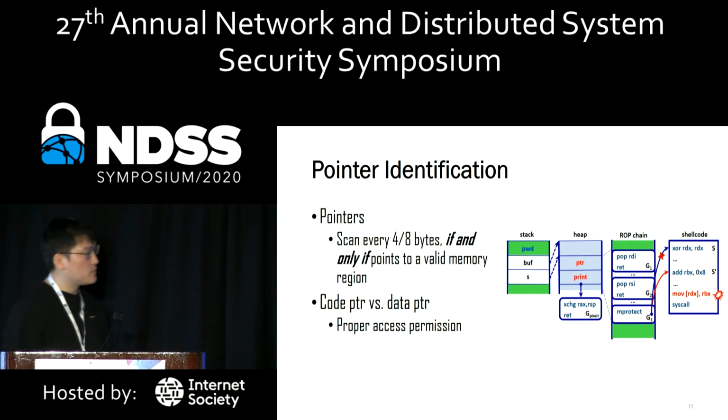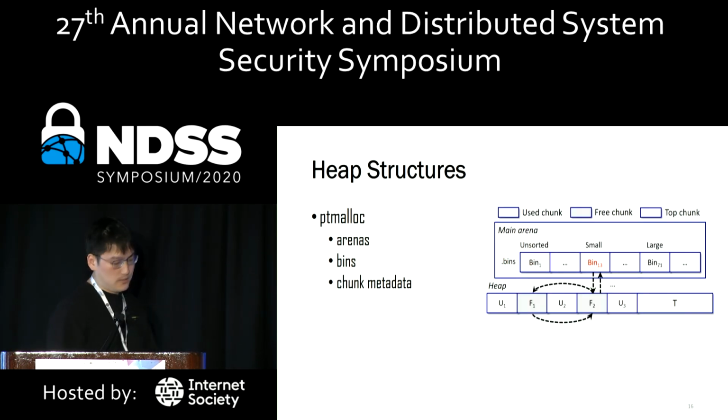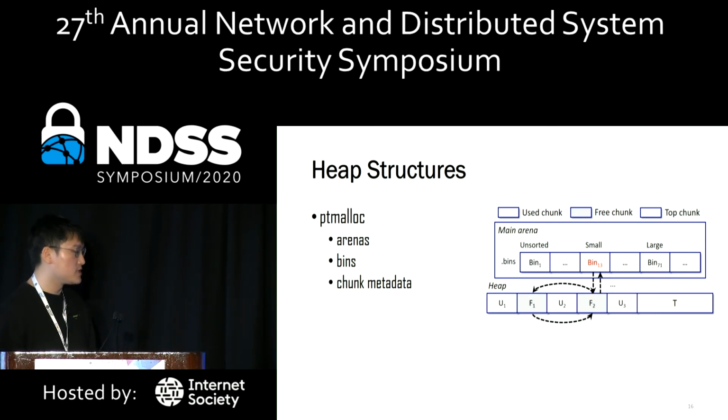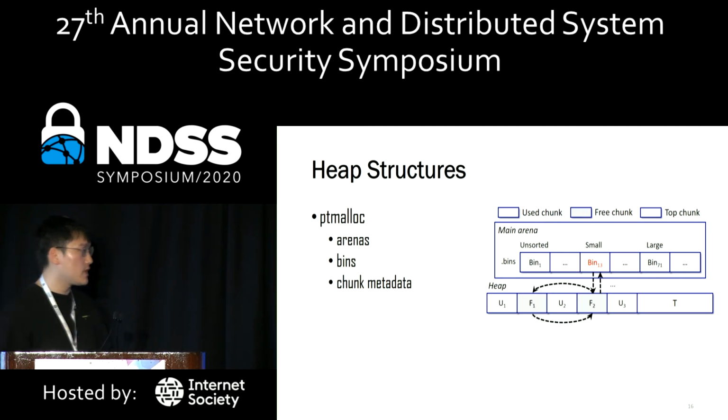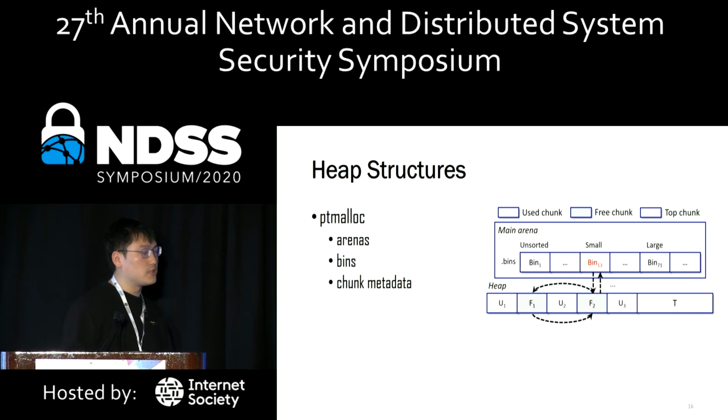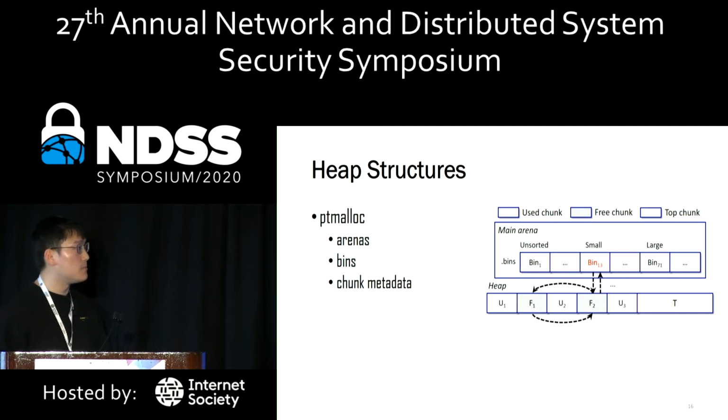And so if we go back to the same motivating example again, it's definitely recording any ROP gadgets that are left in the memory space, along with all other pointers that reside in the memory snapshot.